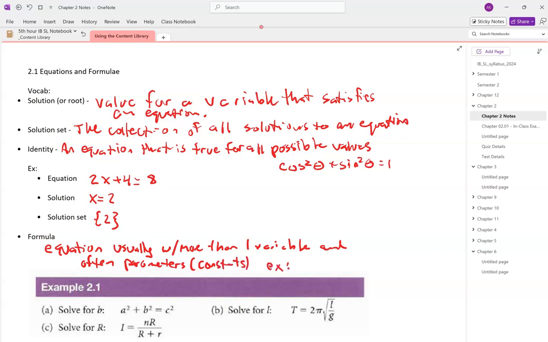So for example, the area of a circle is pi r squared. Area and radius are both variables. Pi is a constant or a parameter. Everybody feel okay there?